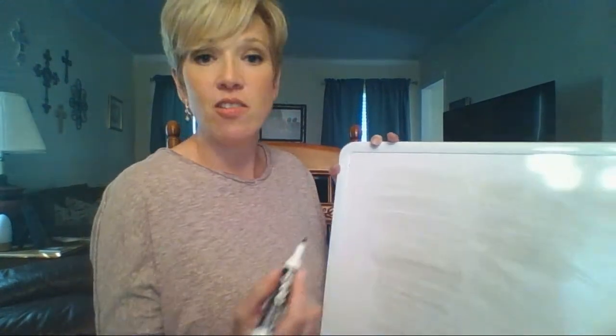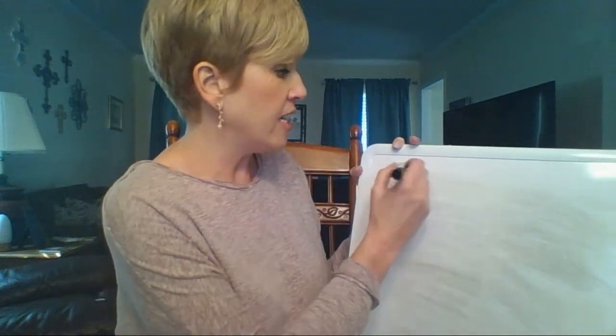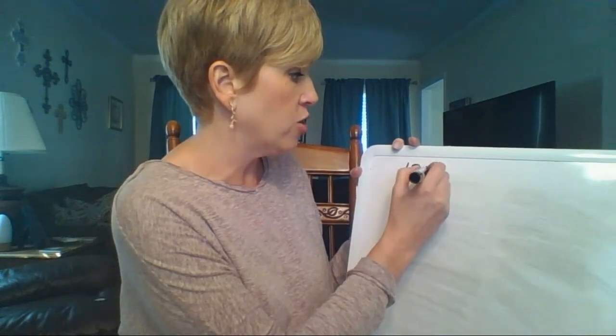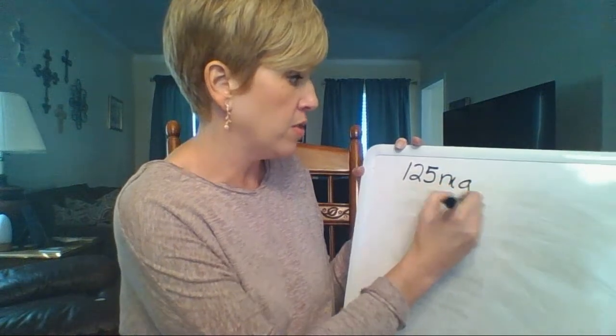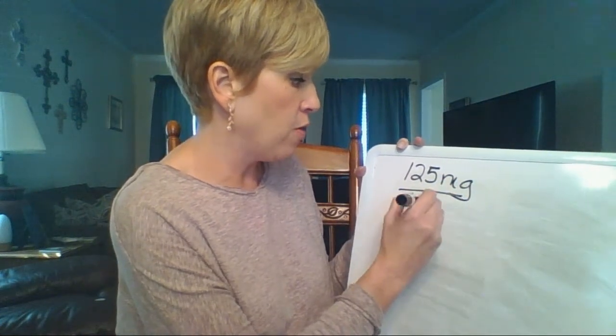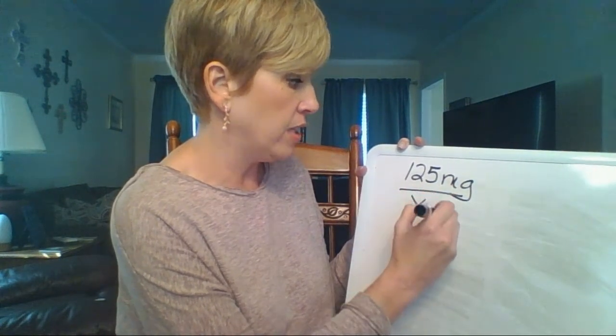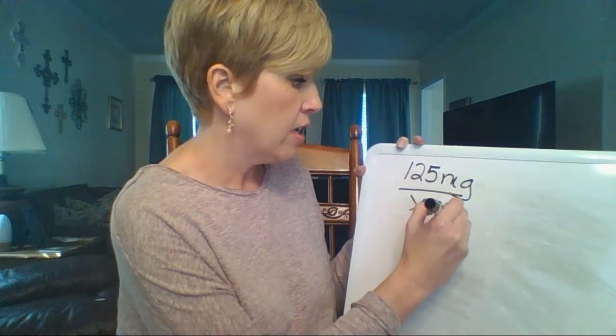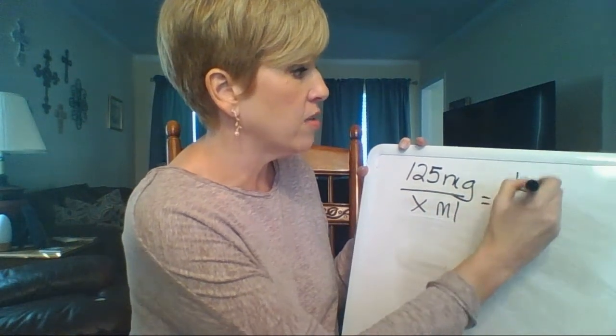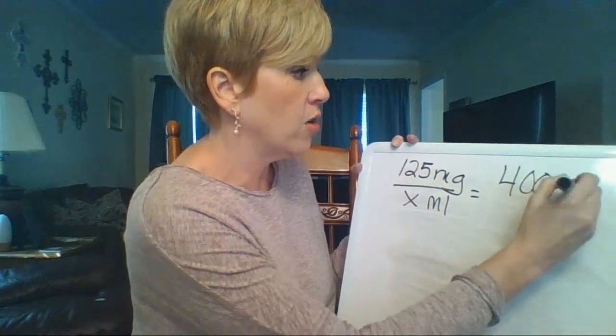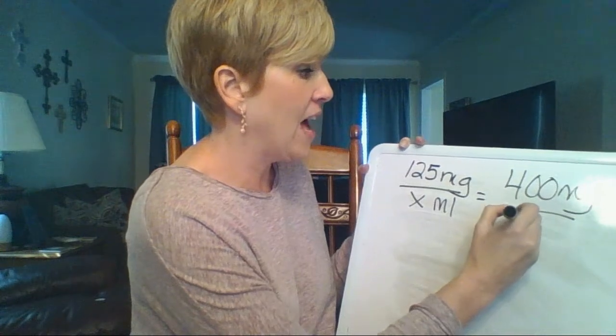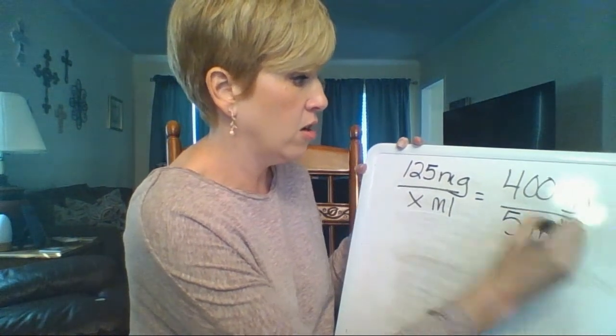So let's say the patient needs, based on their weight, to get 125 milligrams per however many milliliters. We don't know. And the way it comes is 400 milligrams per 5 milliliters.